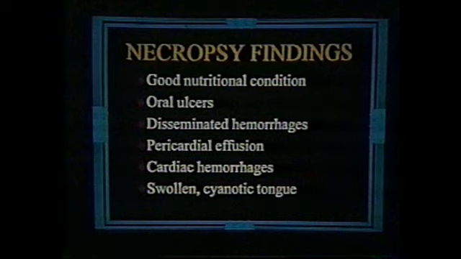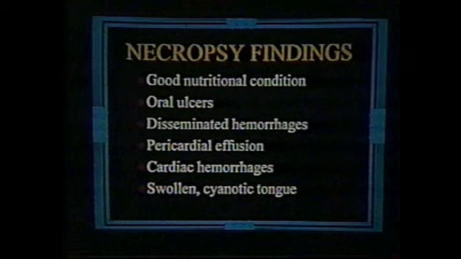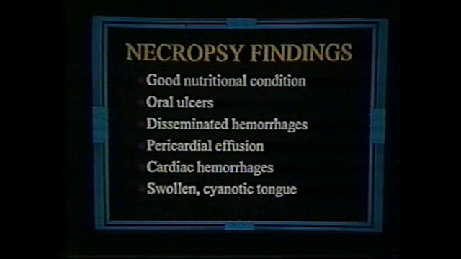At necropsy, you can see that she was really quite in good nutritional condition and had some changes that I'll summarize as oral and intestinal ulcers, disseminated petechial hemorrhages over serous membranes, and pericardial effusions.